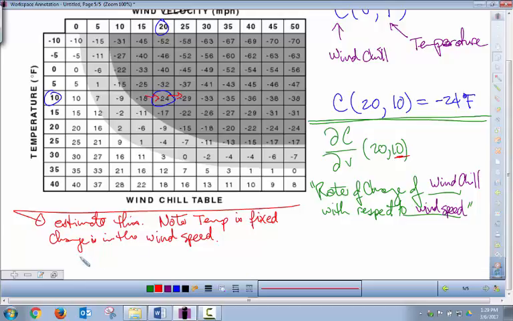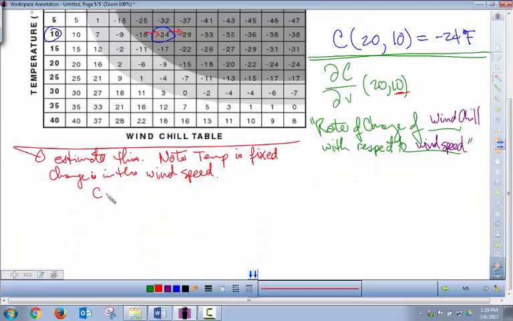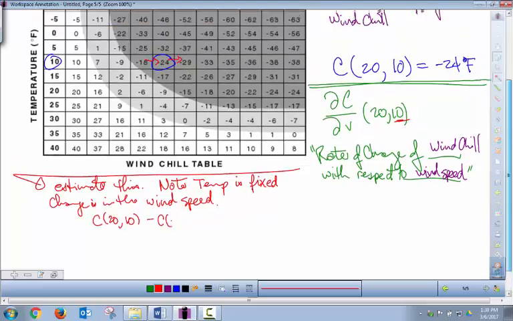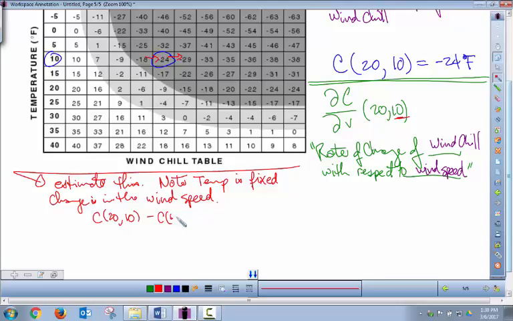So what we want to do is look at the change in wind speed. We'll take a look at F, I guess we call it C. We'll take a look at C of (20,10) minus C of, what's before 20? 15, 10.